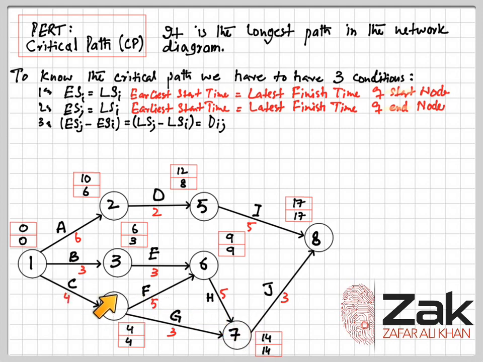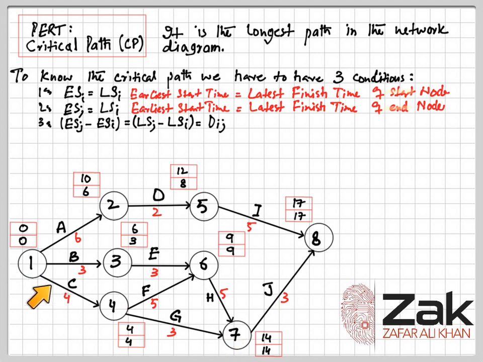The thing is that if you go from 4 to 6, the duration is 5, and then 6 to 7, it is 5 plus 5, 10 weeks. If you go directly at 7, then it will be only 3 weeks. So as the critical path says that it is the longest path in the network, we will be taking 1467.